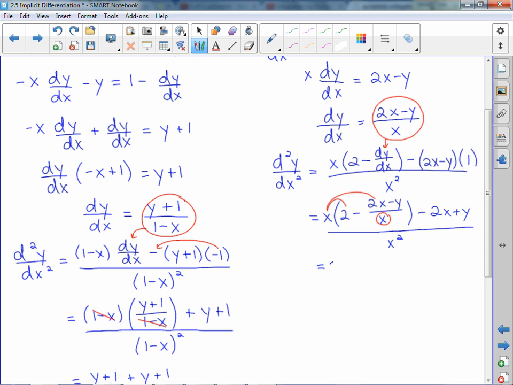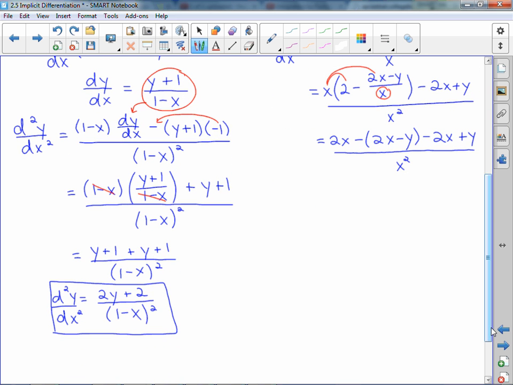So we get 2x minus the quantity. Be careful because the negative is not upstairs with the 2x. It is out front of the entire fraction, so we'll have to distribute it through. So the x's cancel, but we end up with 2x minus y there. And then minus 2x plus y all over x squared. Distribute the negative.